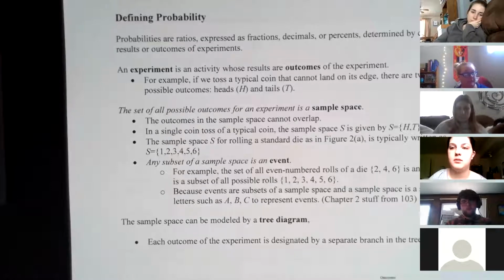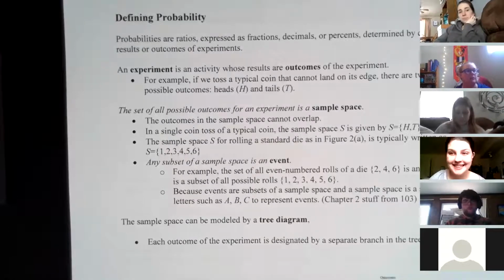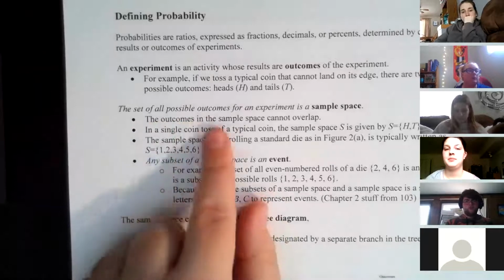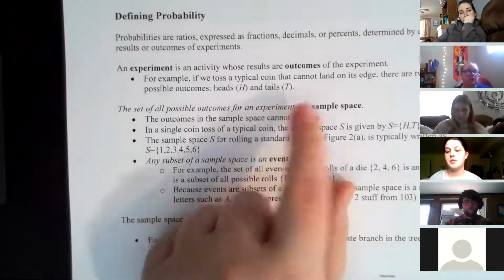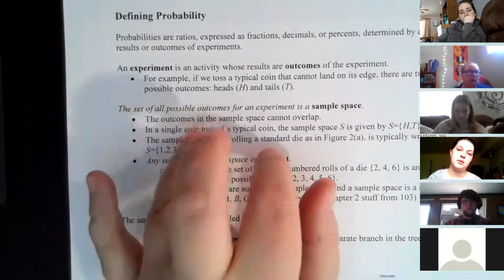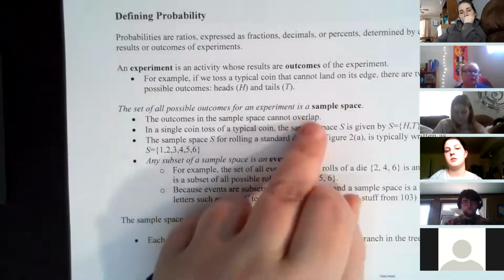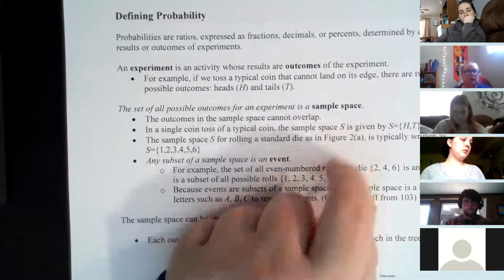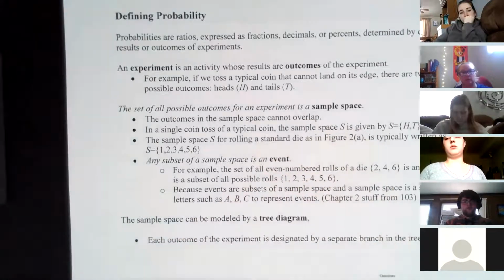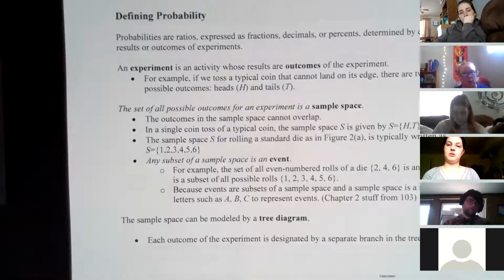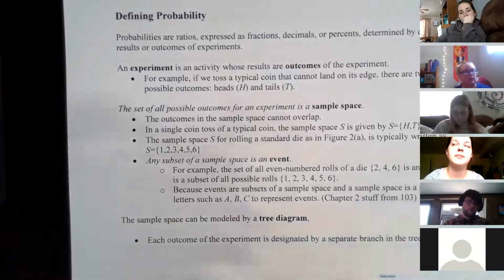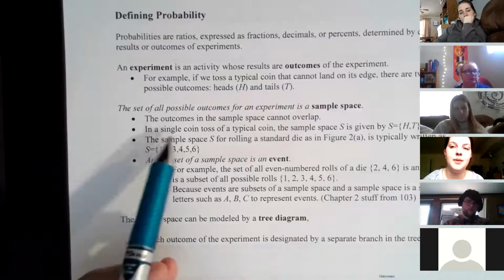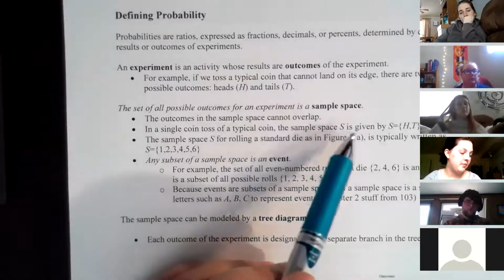If we look at all the possible outcomes for an experiment, it would be the sample space. Outcomes in the sample space cannot overlap. That means that a heads and tails will not happen simultaneously on one coin.